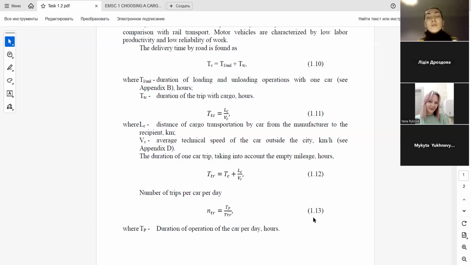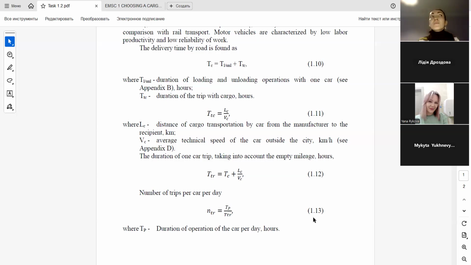Now we calculate trips in both directions of the road. Maybe it will not be so cheap, because by railway transport we don't need such an operation of moving a locomotive and wagons from point A to point B and back.